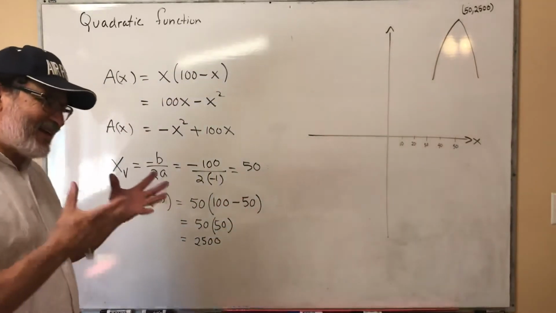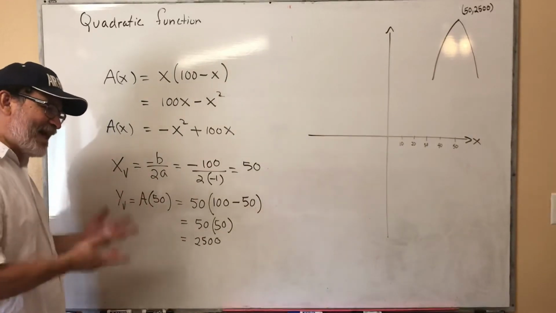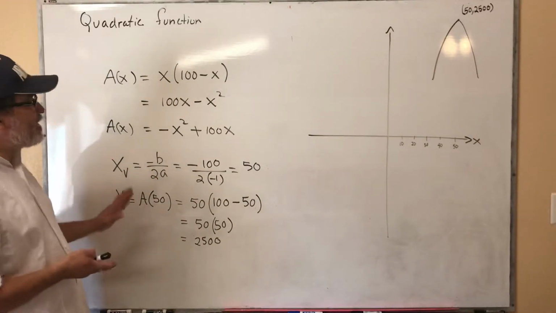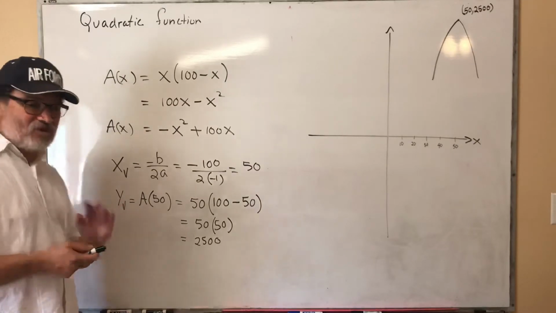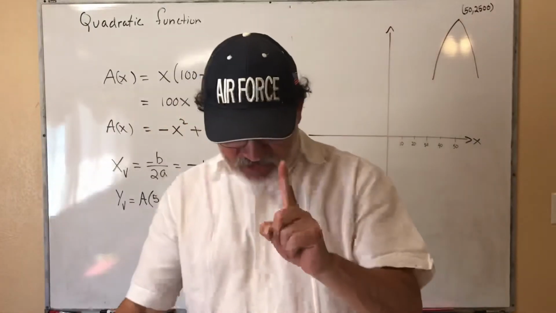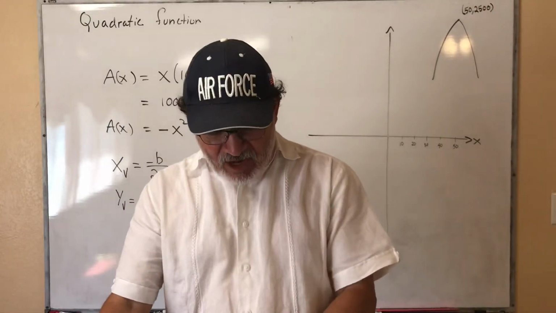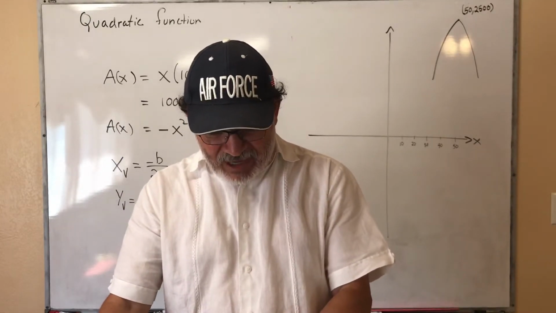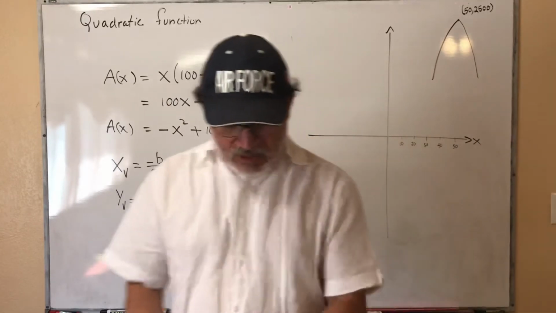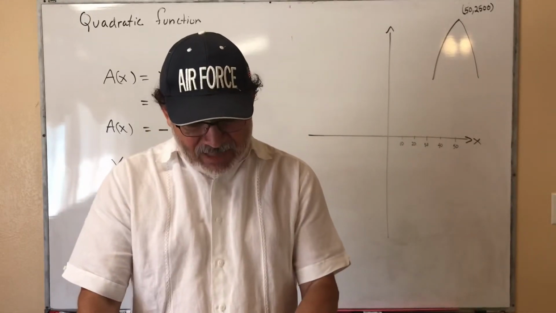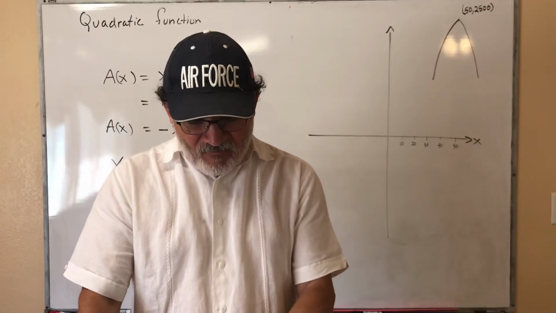So this enclosed area is maximized when X is 50. So the question says, watch this. If the area given by A of X equals this, what dimensions maximizes the area for the fence?